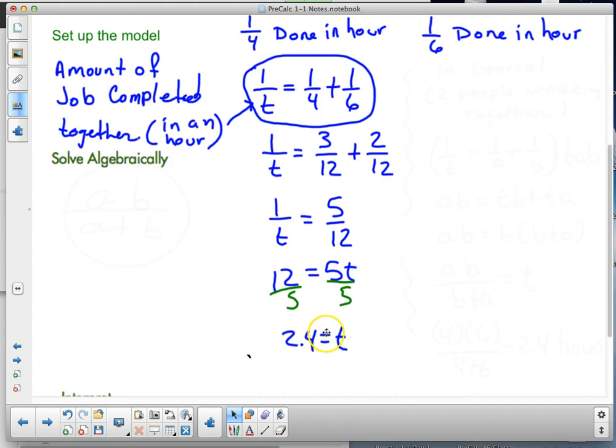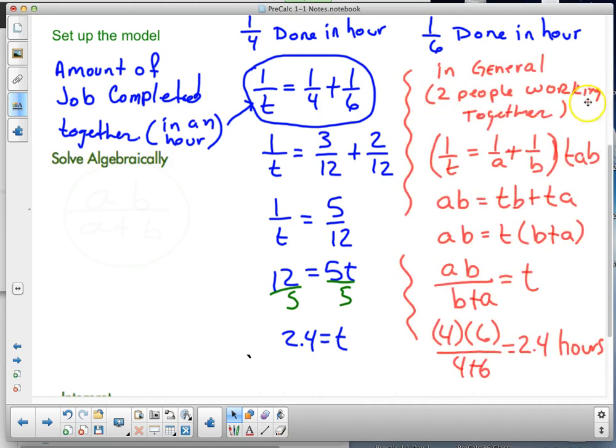Now, I want you to be aware of something, that this labor problem, if I have 2 people that can do a job for a certain amount of time, I can combine them. If person A was able to complete the job in A time and person B was able to complete the job in B time, I could actually shortcut this a different way.